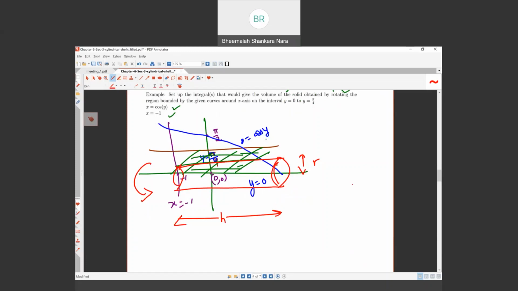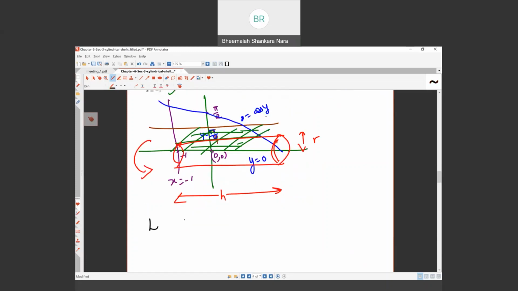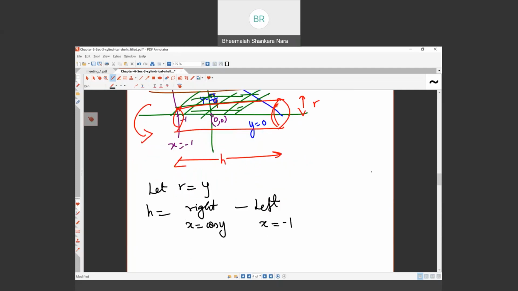So now we write, let the radius r equal to y. Height of the cylinder is equal to the right curve minus the left curve, where x is cosine y and x equal to -1. So all you do is subtract -1 from cosine y, which is cosine y plus 1.